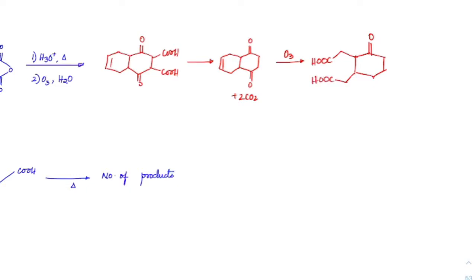Okay, so this is not at the beta position, it is at gamma position: alpha, beta, gamma. So here nothing will happen. So only between these two, dehydration will take place, like this.